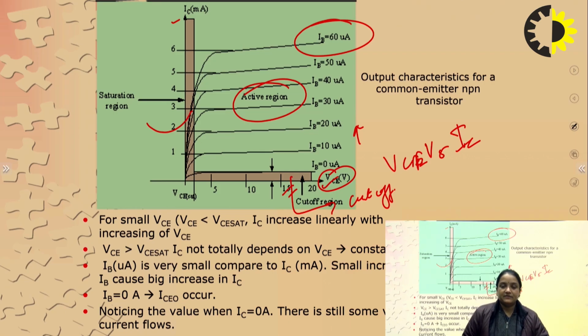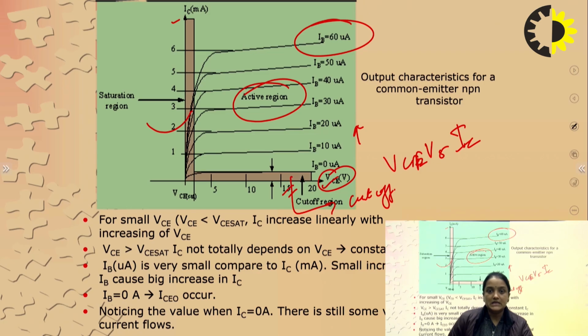Then we discussed the basic symbol or diagram of BJT. It is basically of two types, NPN and PNP transistor. It consists of three terminals, which are emitter, base and collector. It has two junctions: the first is the emitter base junction and the second is the collector base junction.